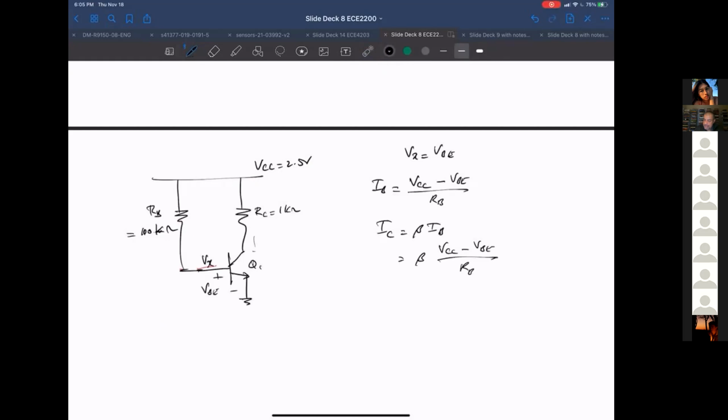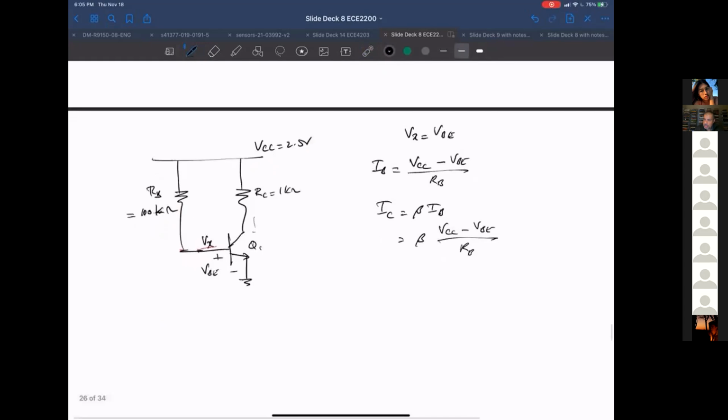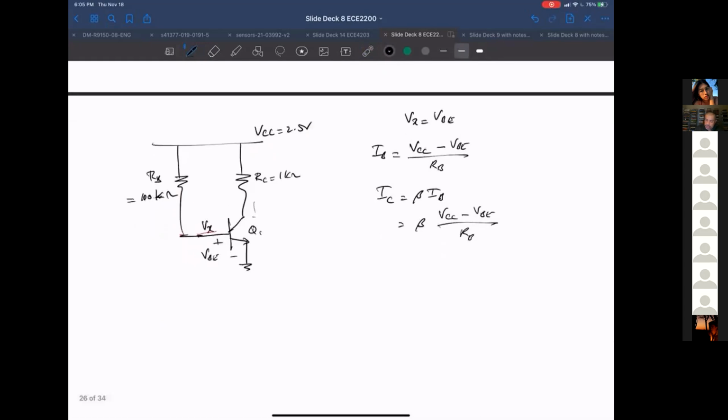Okay, so that's VBE. And now if you look at VCE, so this is VCE for this device. We have to make sure this is in forward active, so we also have to calculate VCE once we're done. The VCE is going to be VCC, it's going to be this guy, minus the voltage drop across R sub C caused by IC.